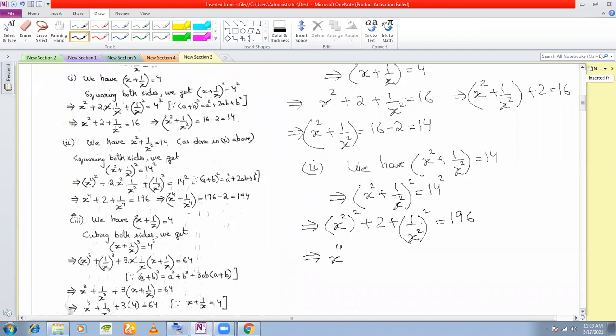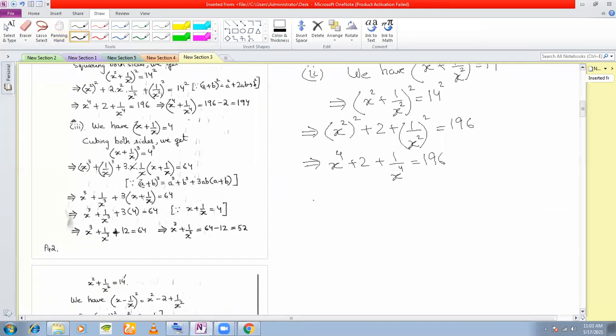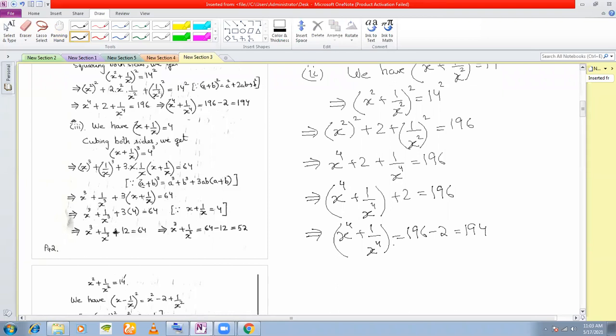So you have x to the power of 4 plus 2 plus 1 by x to the power of 4 is equal to 196. Now you take the powers of x together. You get x to the power of 4 plus 1 by x to the power of 4 is equal to 196 minus 2, which is 194. We've got the value of x to the power of 4 plus 1 by x to the power of 4.